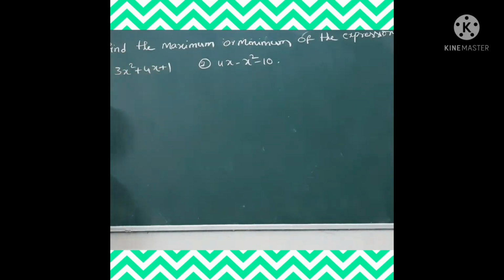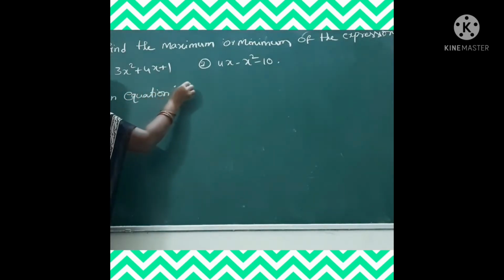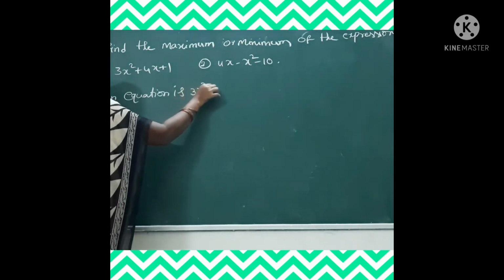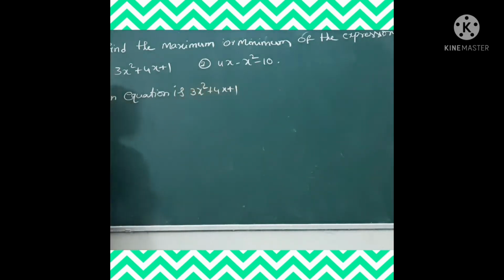Okay, what do we think about the first one, is it maximum or minimum? See here, first one is the coefficient of x square. Solution, first one, the given equation is 3x square plus 4x plus 1. Here we first observe the x square coefficient.